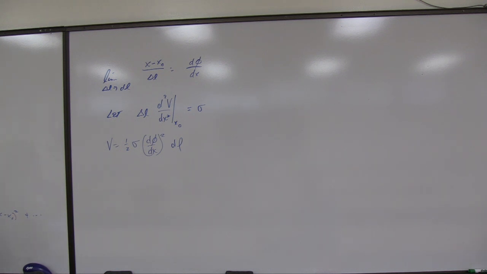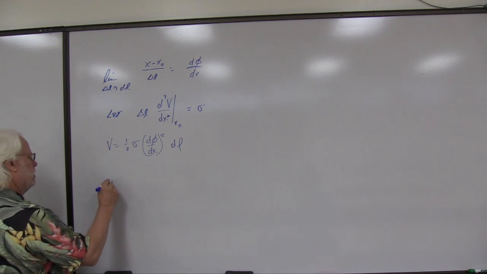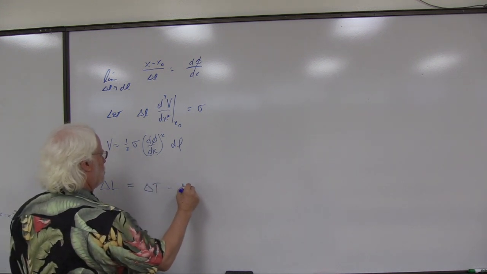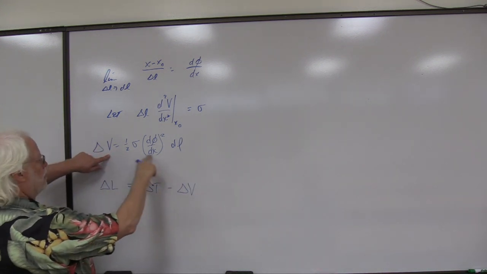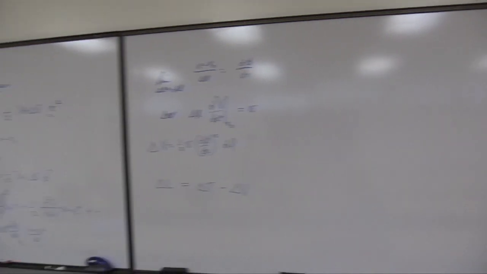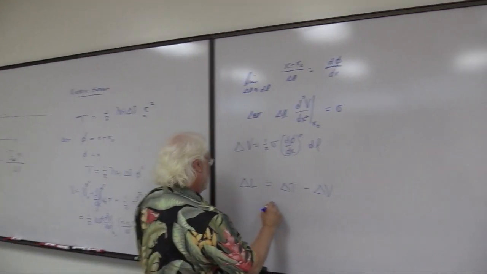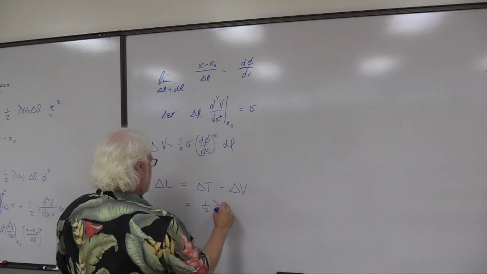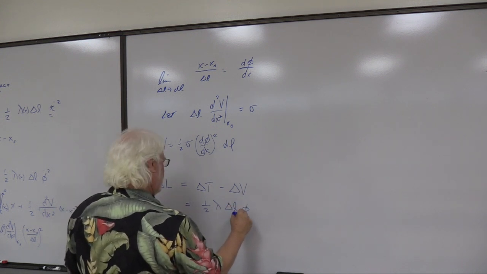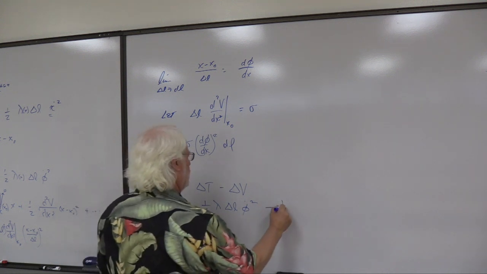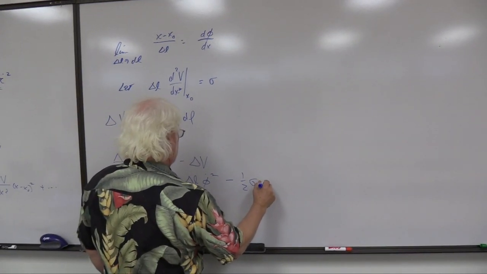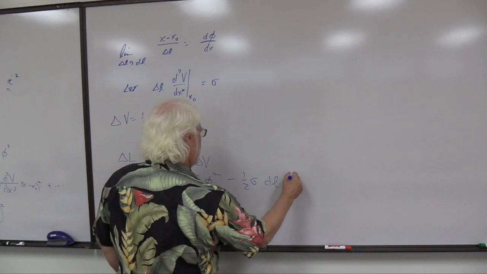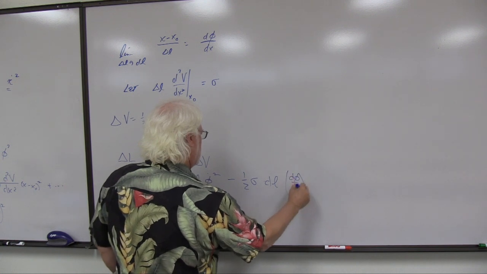So now I can write the contribution to the Lagrangian, let's call it delta L, as the contribution to T minus the contribution V. This is really just from one of these segments, and so we have to sum over all the segments. So this is going to be half lambda delta L phi dot squared minus 1/2 sigma delta L times d phi/dx squared.